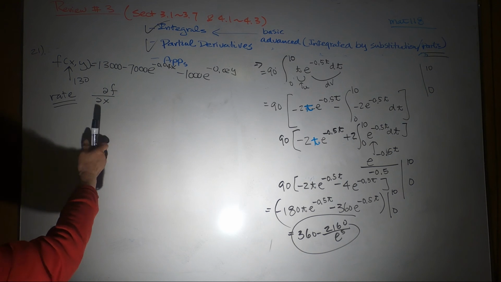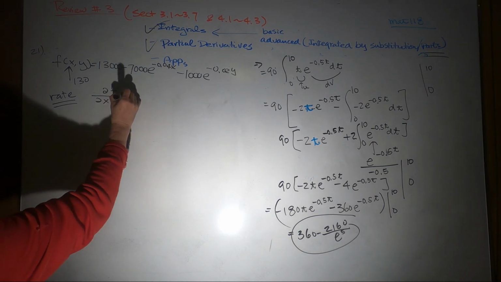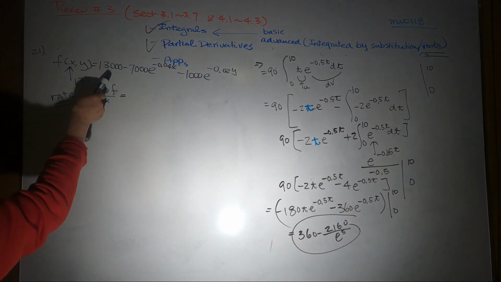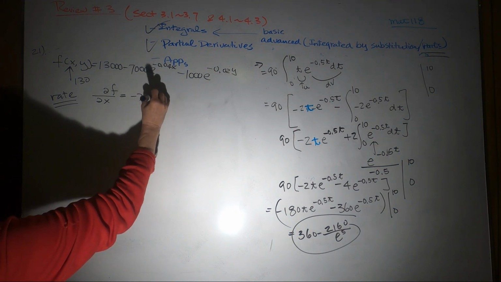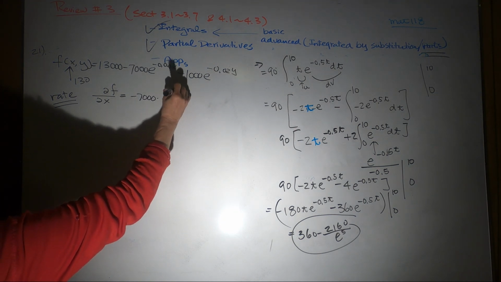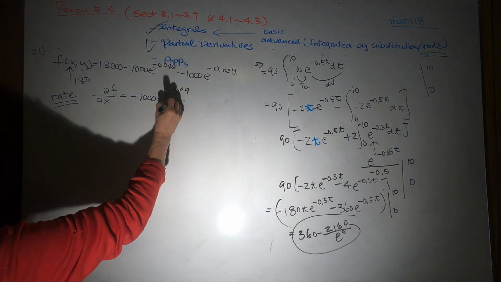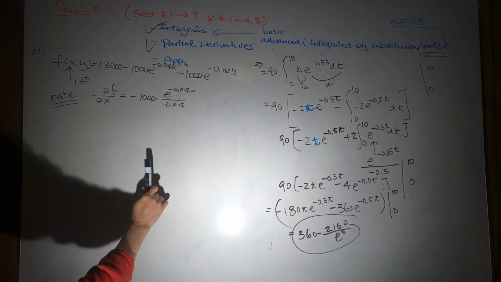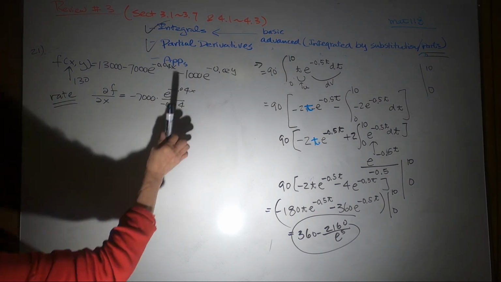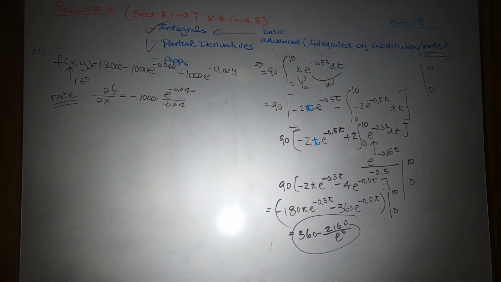So you do the partial derivative for x, what do you have? Take this, it will be negative 1000 times e to the negative 0.04x. Then this other part will be treated as constant.